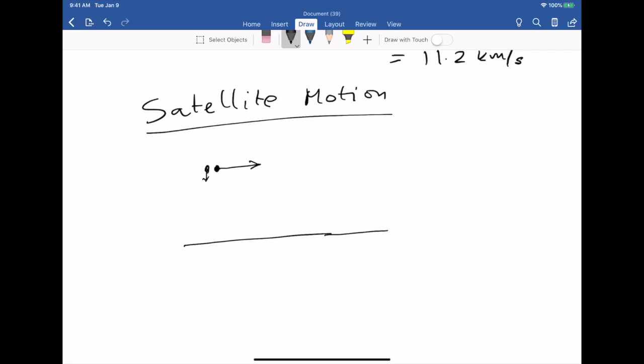So the ball on the left is just allowed to drop, and simultaneously the ball on the right is given a purely horizontal velocity, and we are ignoring friction and all that. So which of these is going to reach the ground first? The correct answer is that they would both reach the ground at the same time.